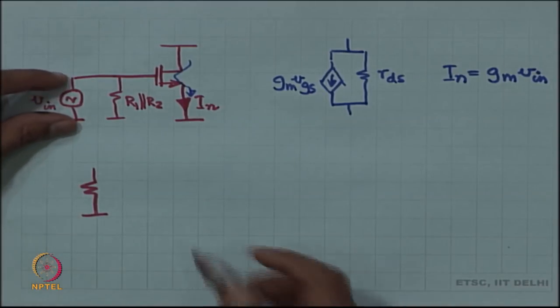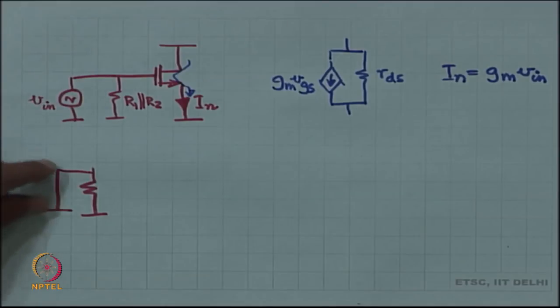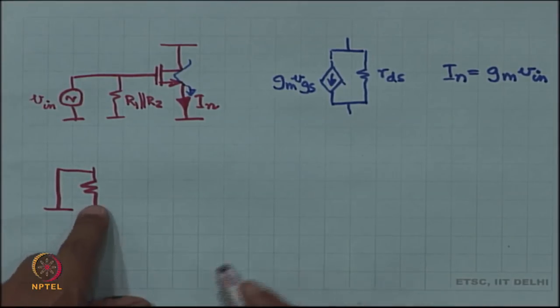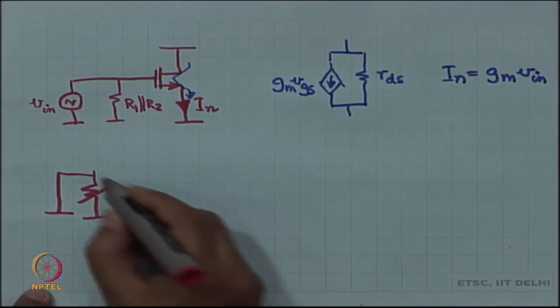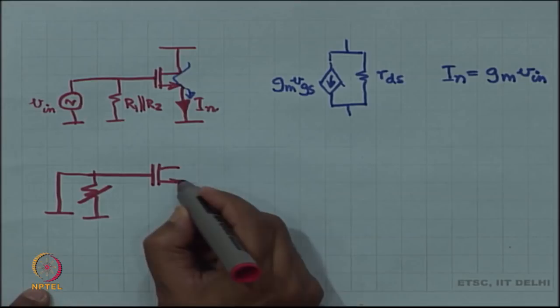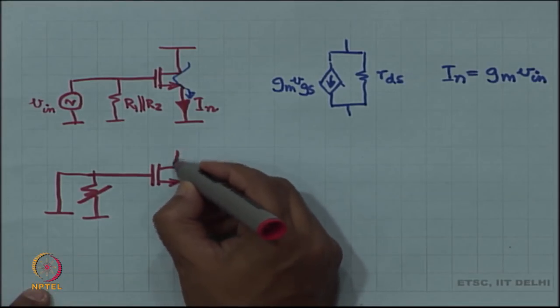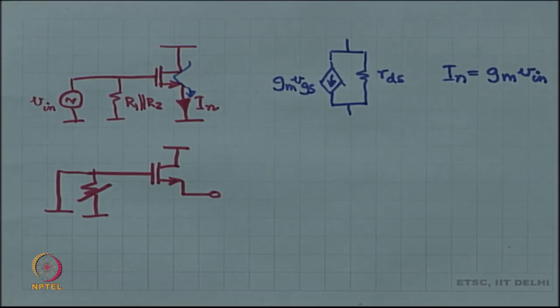If I null this voltage source, the voltage source has 0 volts, a short circuit, and this R1 parallel R2 is irrelevant.